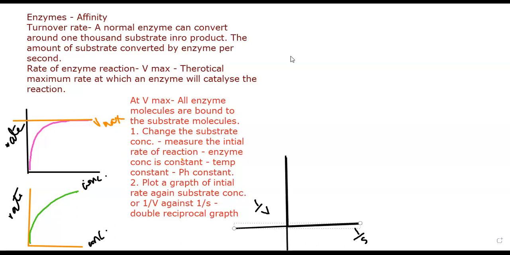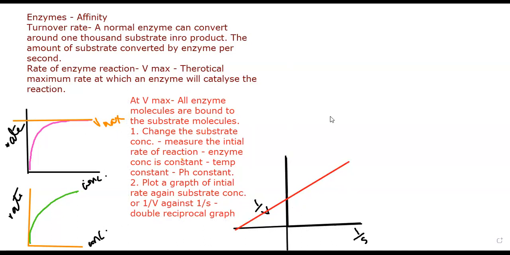We will end up with a straight line graph that is going to look something like this. It's not going to go through 0, 0, by the way. It's going to go like this. This is the graph that you're going to end up with, 1 upon S and 1 upon V. Now it's of course much easier for you to read the Vmax, right?